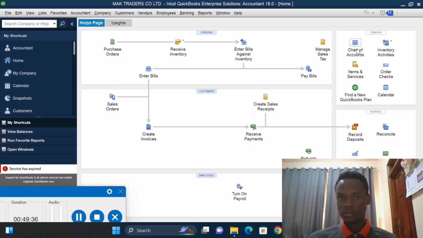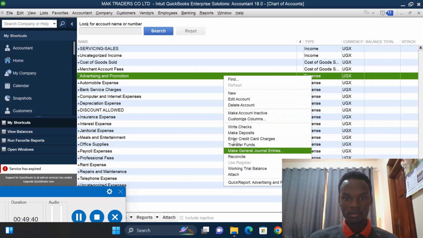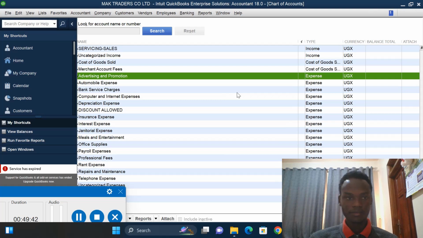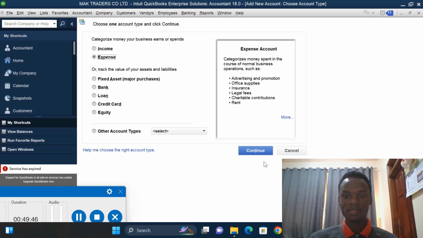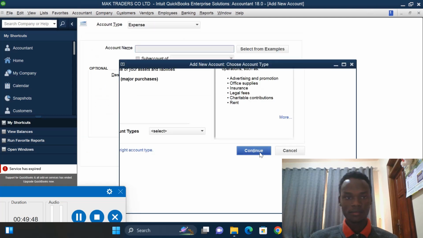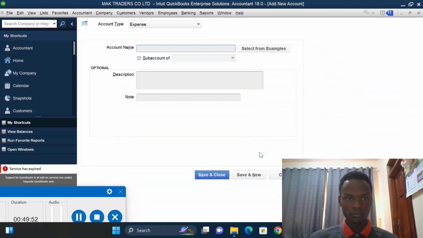So we'll go to chart of accounts. We shall create new. So I'm going to create an expense account. So the first expense we have is fuel. The next we have is rent.